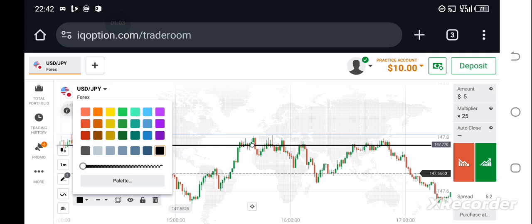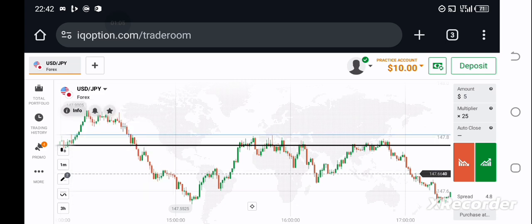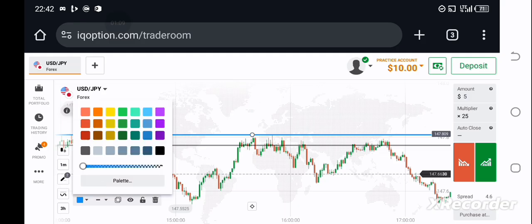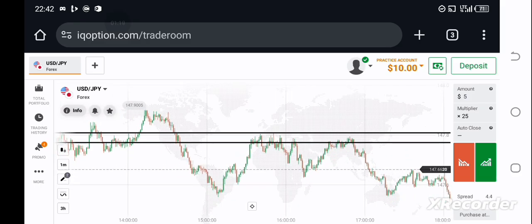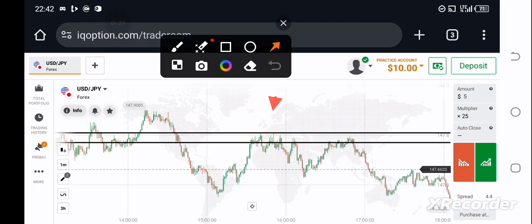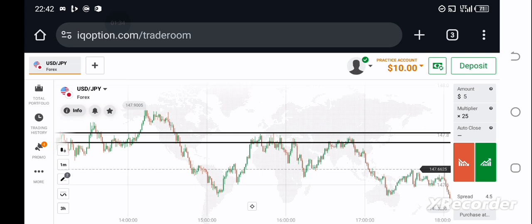The entire of this area, the black line I drew, is the supply zone. Supply zone meaning that if the market gets to that level, you can sell. So if the market gets inside this box, anywhere inside this box, you can sell off.